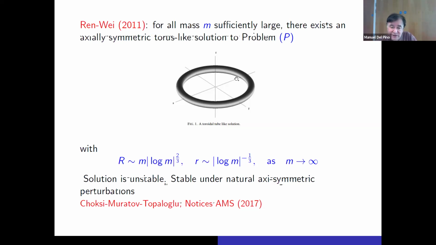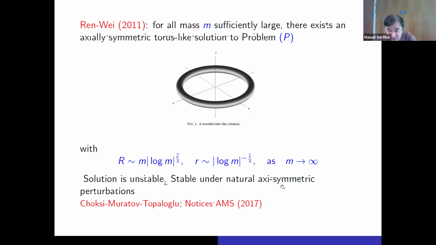Let me mention that the problem that is solved by this torus is essentially a two-dimensional problem, because the problem is one for the section, and the section is like a small disk that satisfies a certain equilibrium law, and this is how the solution is found. So it is three-dimensional because it is a torus, but it is not a truly three-dimensional object that we are talking about. Now, these solutions turn out to be unstable, which is not surprising, of course.